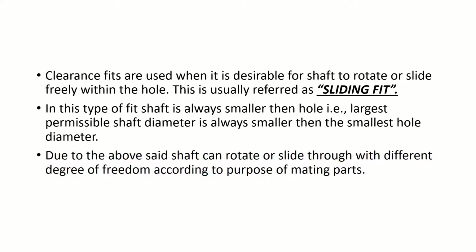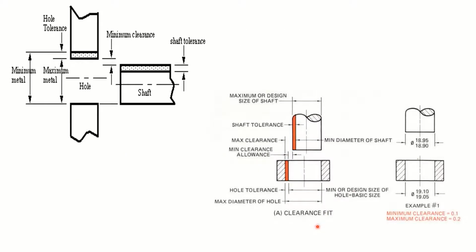Next we are going to see the pictorial representation of the clearance fit. This is your hole, this is your shaft, and this is the minimum dimension of the hole. The orange portion is your hole tolerance, and this is your shaft tolerance.